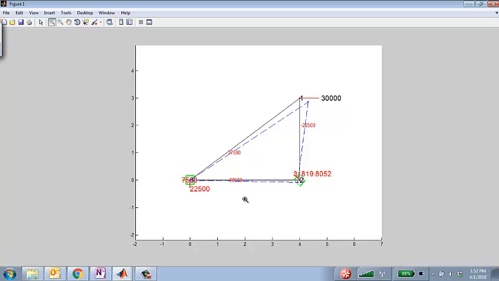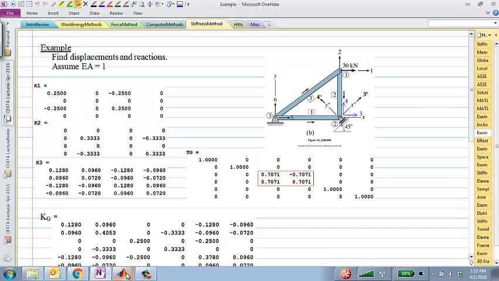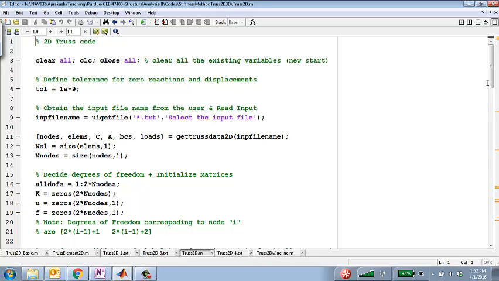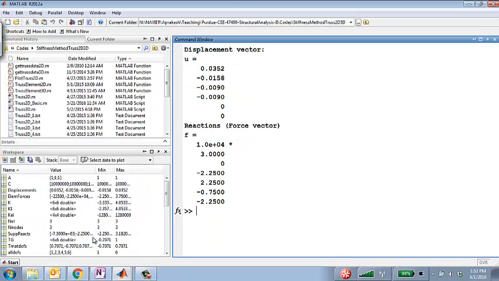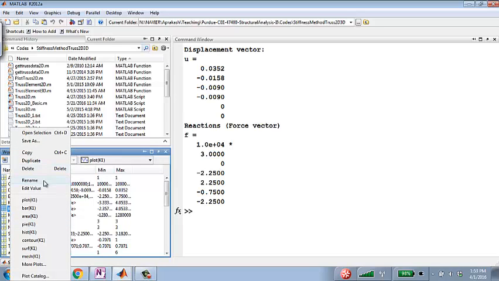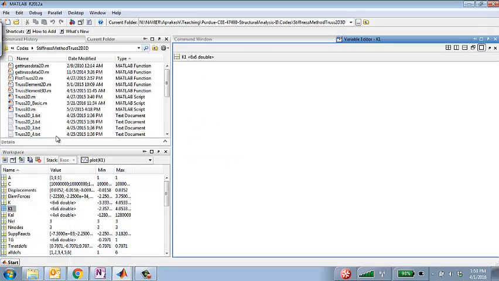So let's very quickly run through the steps of how this problem was solved. Let me open back the editor. What do I want to show? Open selection.